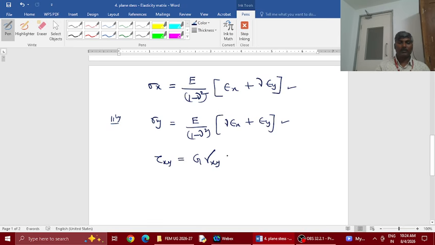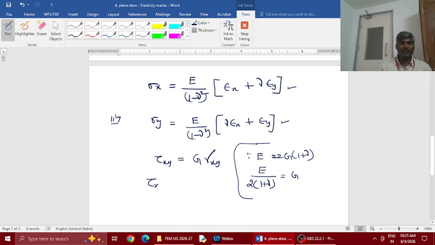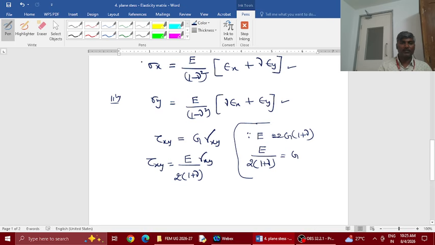To replace G, from the fundamental relation E is equal to 2G into 1 plus mu, where I need a G value, E divided by 2 into 1 plus mu is equal to G. Substituting this, I get tau xy is equal to E by 2 into 1 plus mu times gamma xy. So now this is the stress-strain relation for the plane stress problem.